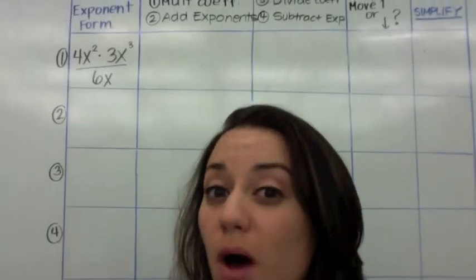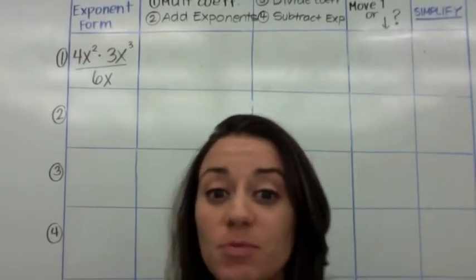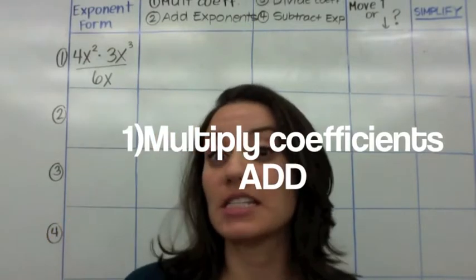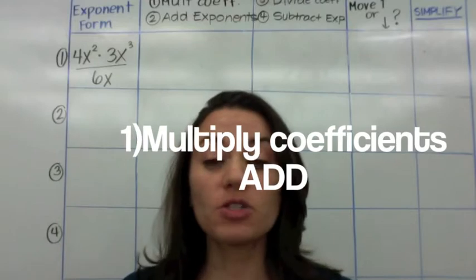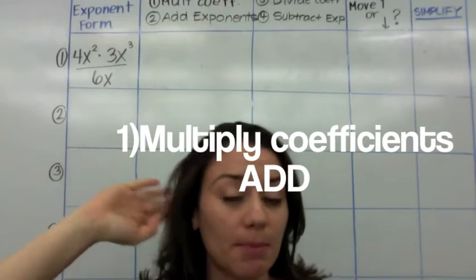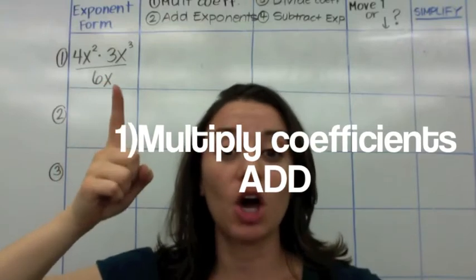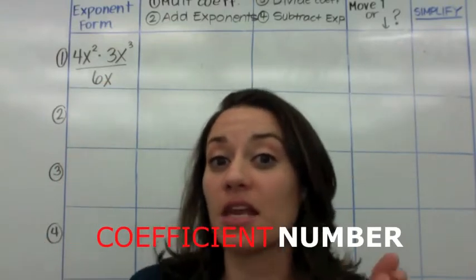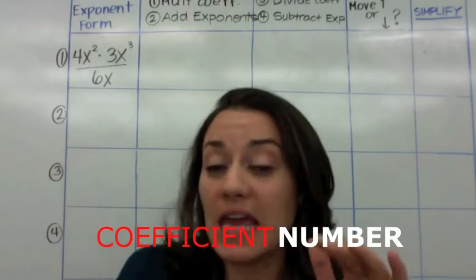So when you multiply and divide exponents with coefficients, there are actually 4 steps. The first one is going to be multiply coefficients. The coefficient is the number.